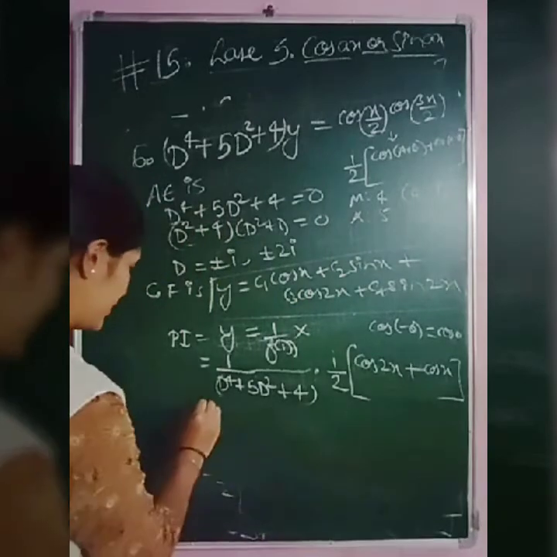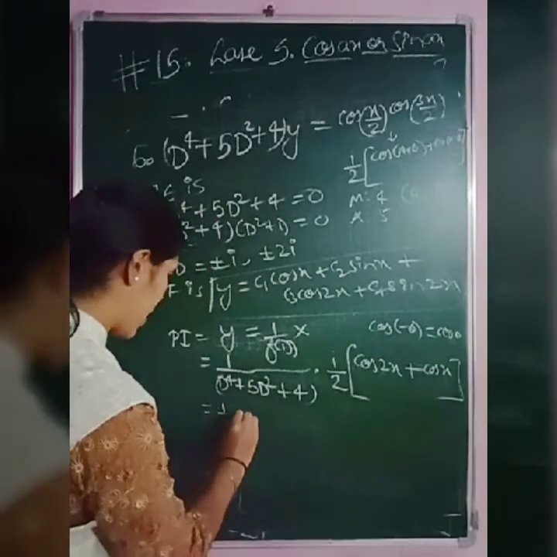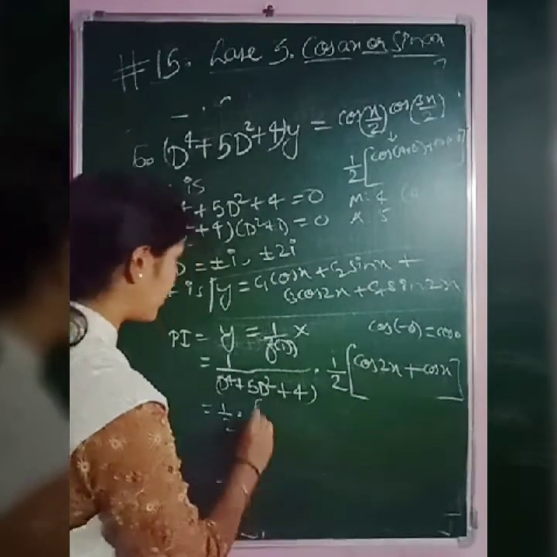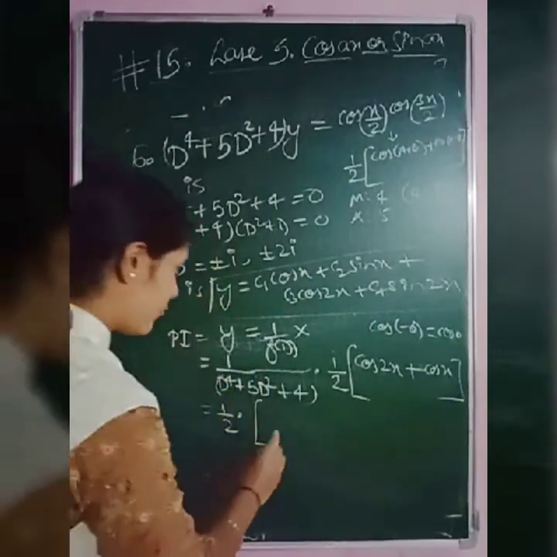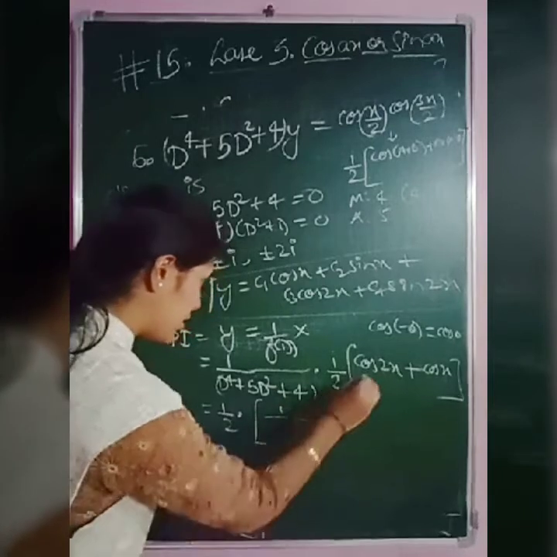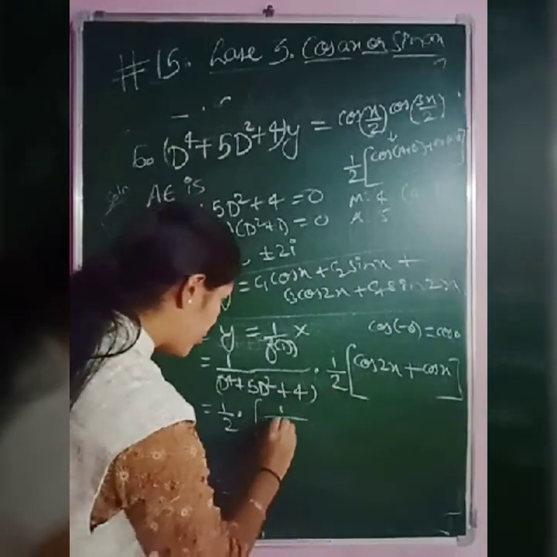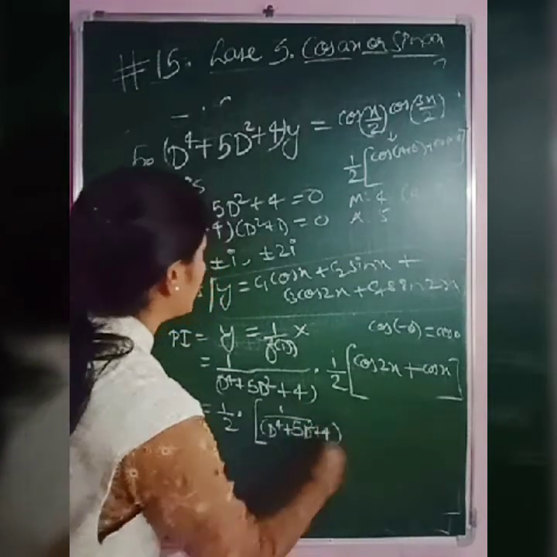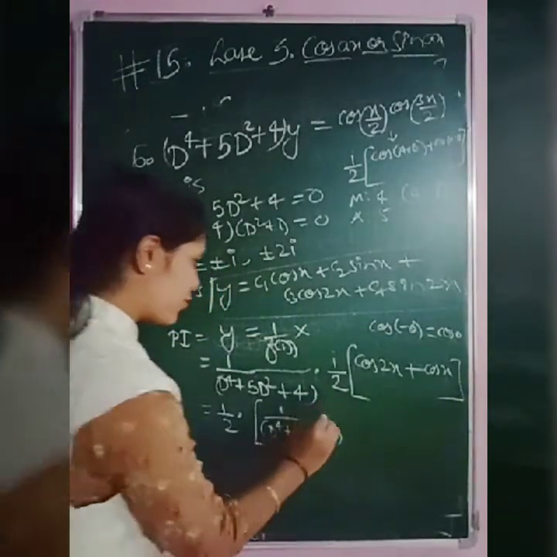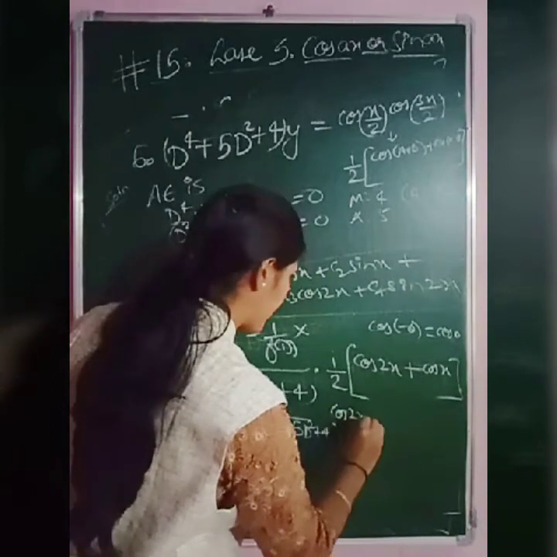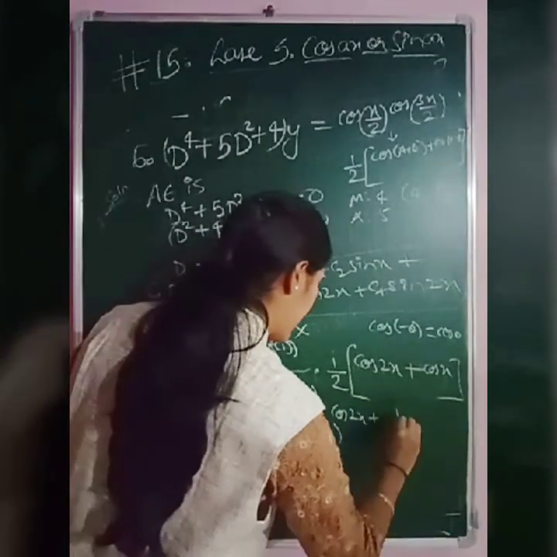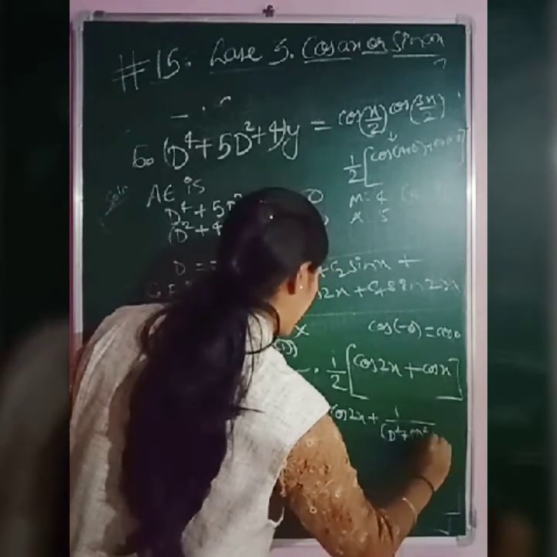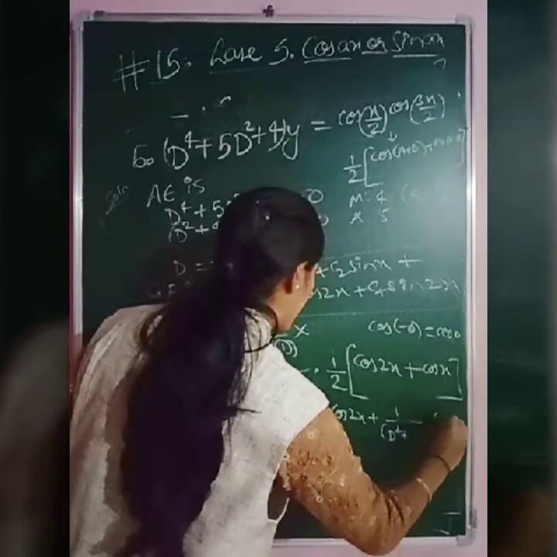So let us solve for this. So 1 upon 2 outside. So this is nothing but 1 upon (d raised to 4 plus 5d square plus 4) of cos 2x, plus 1 upon (d raised to 4 plus 5d square plus 4) of cos x.